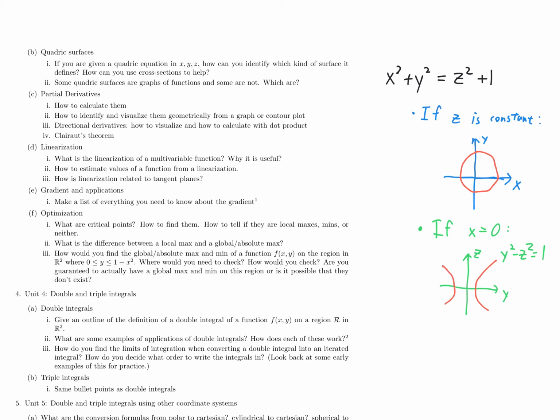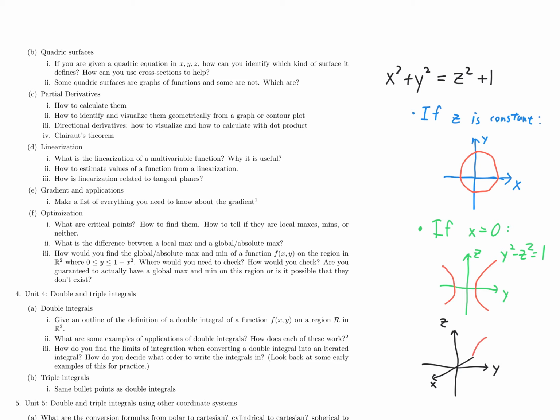Now, putting those pieces of information together, we can try and get a rough sketch of the surface in 3 dimensions. We know what its cross sections look like in a couple of different directions, and so we can try and draw what the surface looks like. We know that it has rotational symmetry around the z-axis because all of the cross sections parallel to the xy plane are circles, and we know the profile, the cutout when x equals 0, is this hyperbola shape that opens in the y direction.